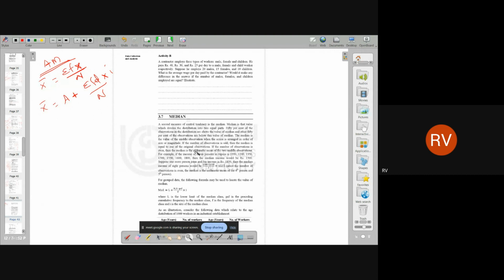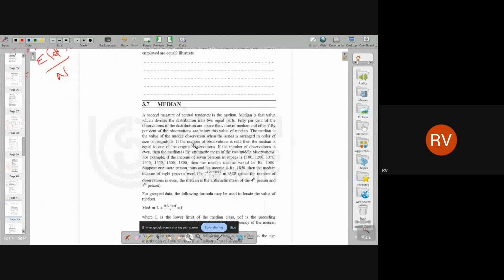Median is a positional average. What is meant by positional average? Positional average means, consider the data, the 50th percentile, that is the median value.